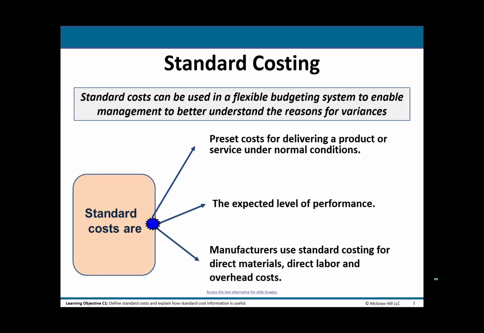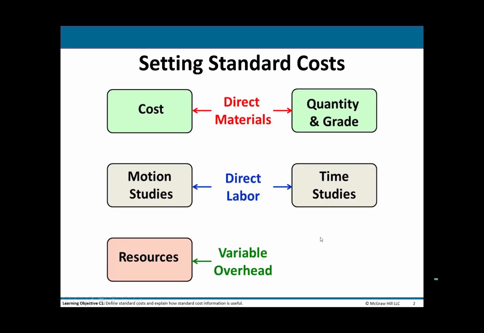Here's a look backwards at some of the things we covered in this chapter. We talked about what standards are. We learned that a standard is something that we can use to assess how well we're doing. Standard costs are used in a flexible budgeting system to help us understand the reasons for the variances. We learned how to set standard cost.